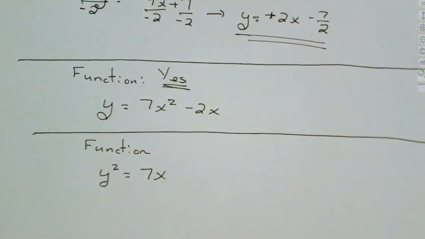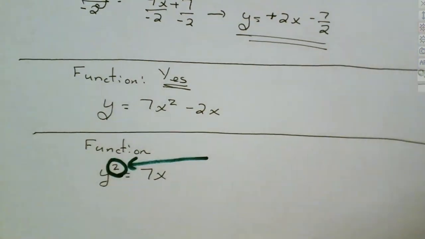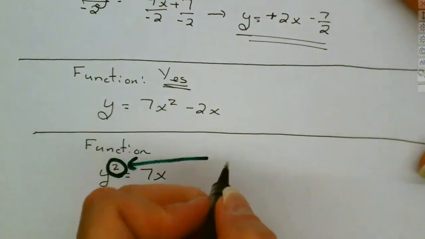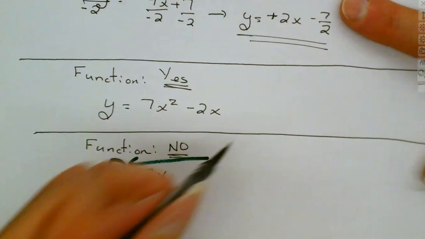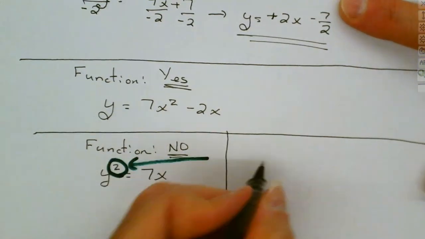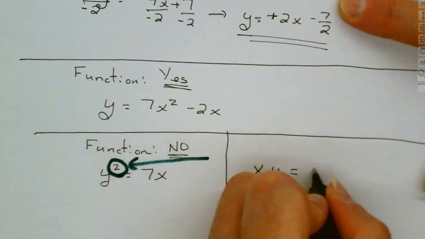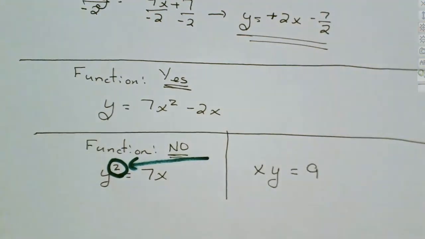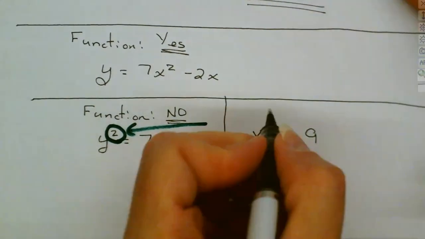Function or not a function? No. Why is this one not a function? Right? Because it's got a y to a power. So this one is not a function. How about this one? Yep, it is. Right? This one's a function.